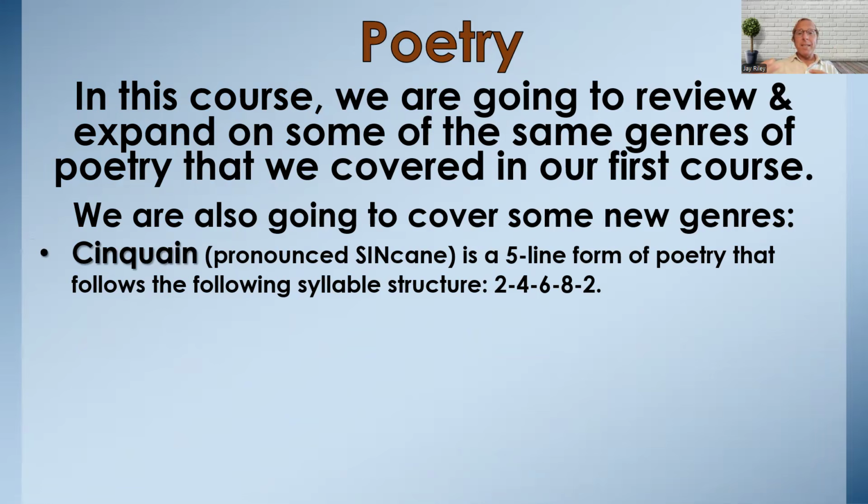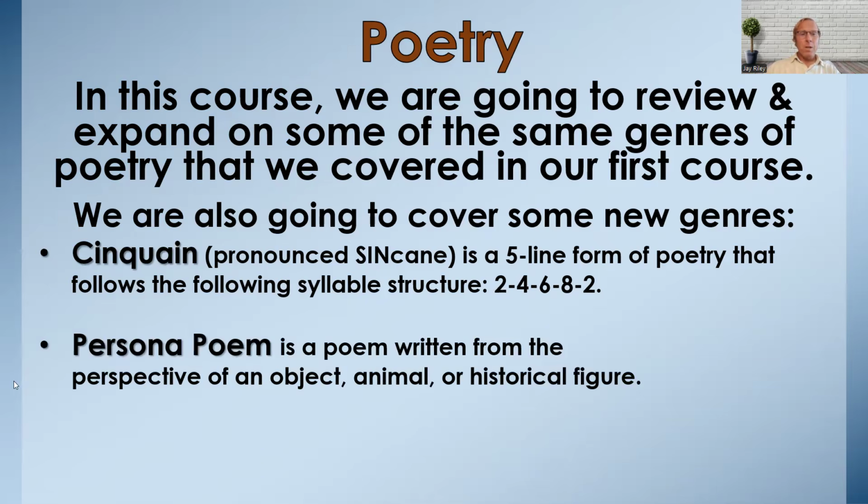Now, we've got a particular line and syllable structure similar to a haiku, but a cinquain is 5 lines, and it follows the following syllable structure. 2 syllables in the first line, 4 in the second, 6 in the third, 8 in the fourth, and 2 in the final line.